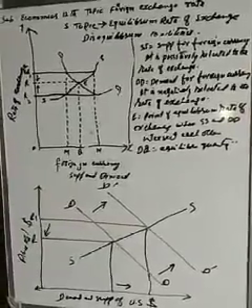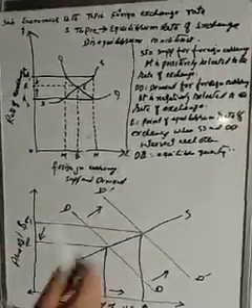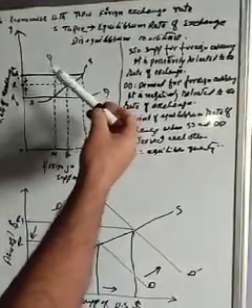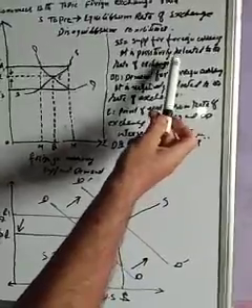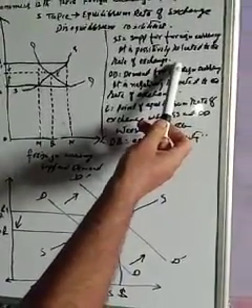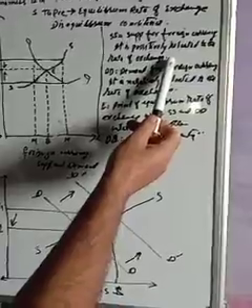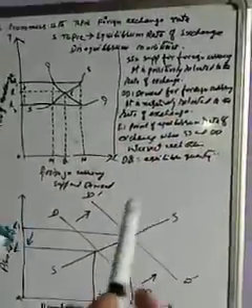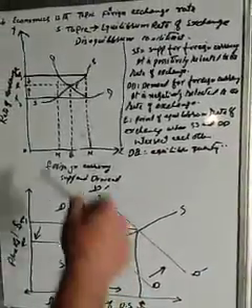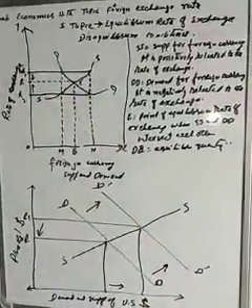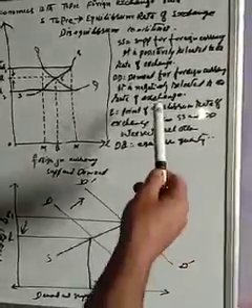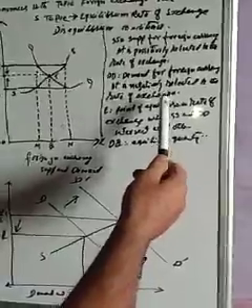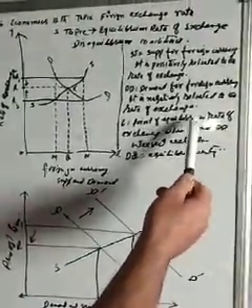Now in this figure, this SS curve, that is supply of foreign currency, is positively related to the rate of exchange, and this demand curve, demand for foreign currency, is negatively related to the rate of exchange.